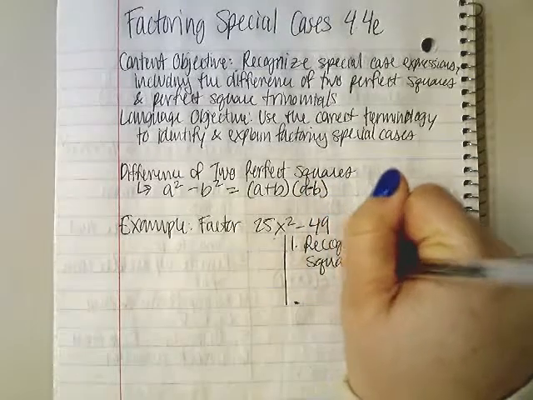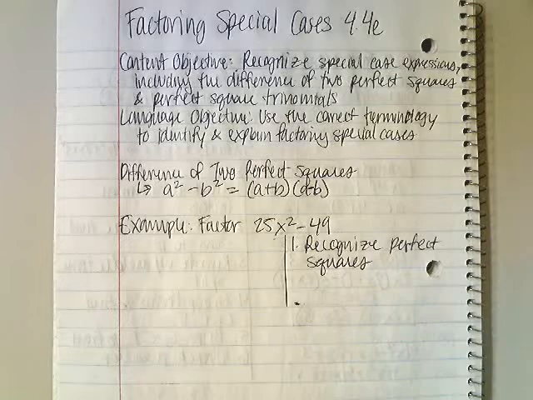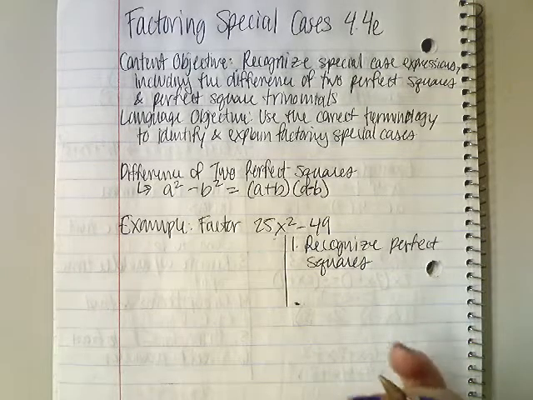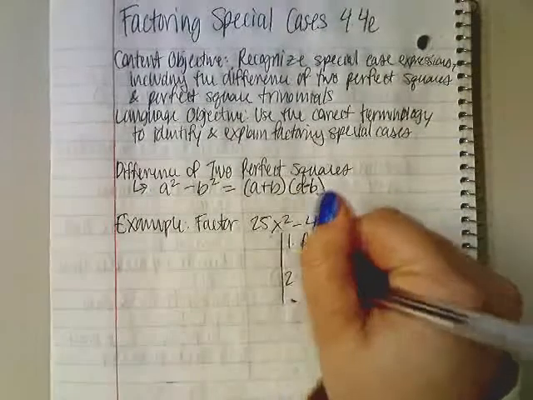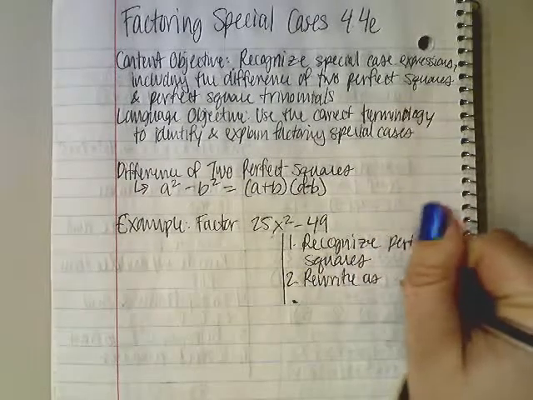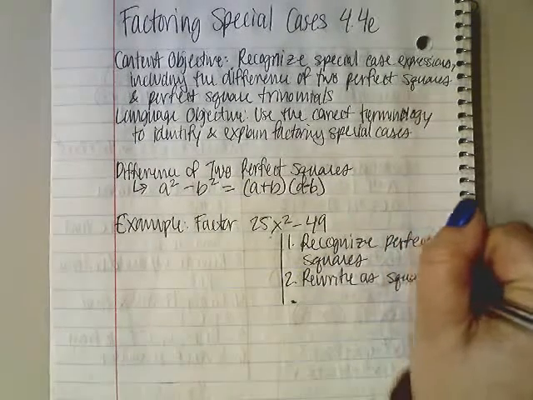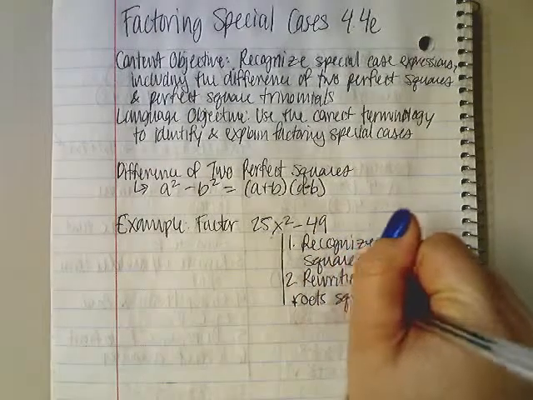So I know 25 has a pretty square root of 5, x squared has a pretty square root of x, 49 has a pretty square root of 7, and when I say pretty, I mean it is an integer. So when we factor these, we're going to rewrite them as square roots squared.